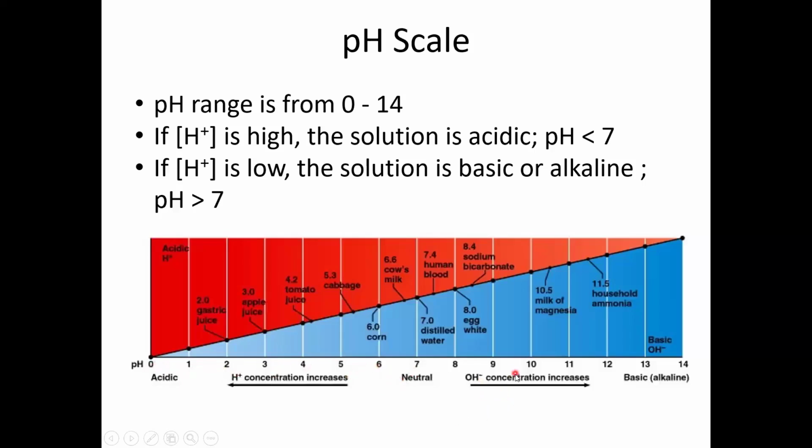If the calculated pH of the solution is from 8 to 14, we can say that the solution is basic. So how can we determine the strength of acidity and basicity?